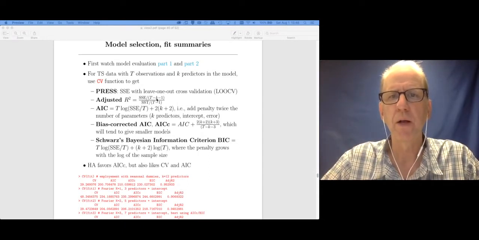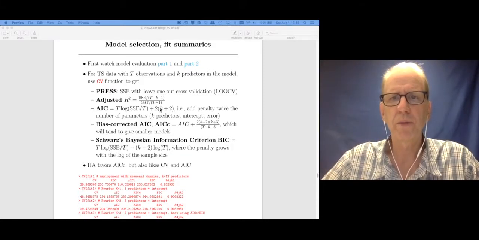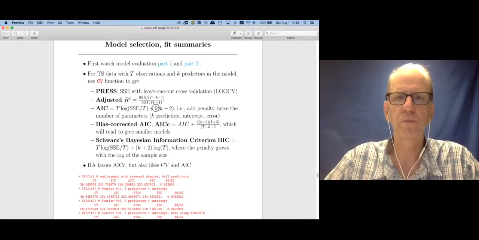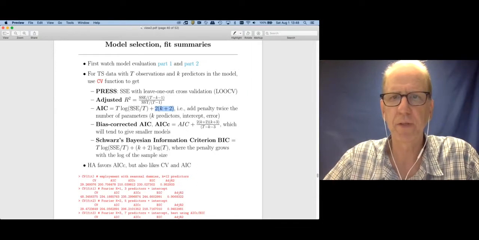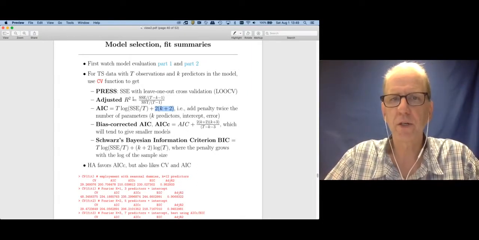AIC is another penalized approach where the penalty is 2 times the number of parameters, plus some function of the objective function, SSE. That's a slightly different penalty than adjusted R squared.